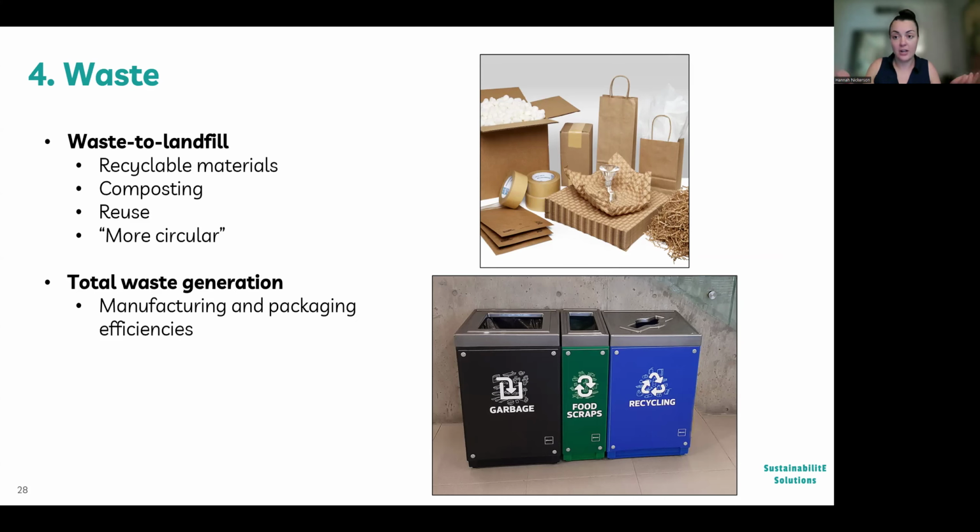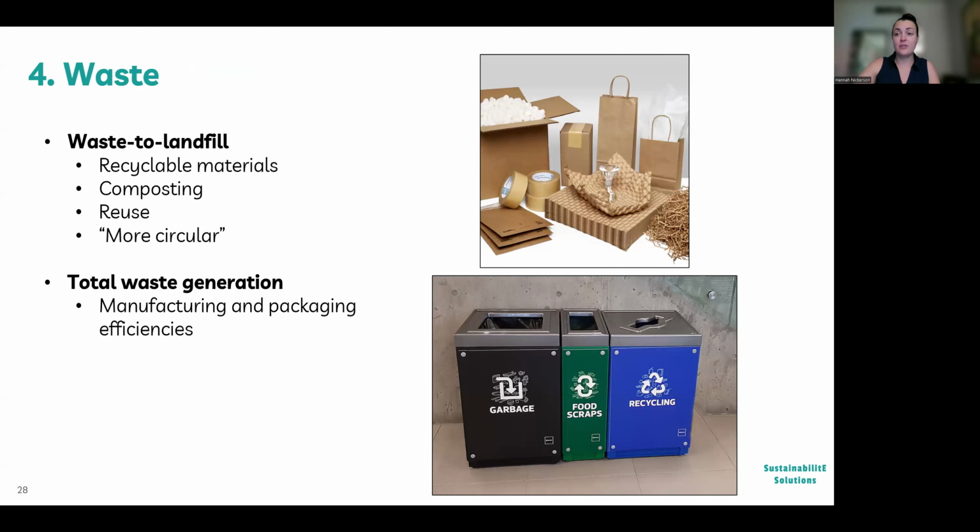This would be considered your business's recycling rate: what percent of your waste is not getting sent to the landfill. This is moving towards a more circular economy where materials are recycled or repurposed or reused. For example, they're cleaned and reused in their original form. That's what we want to see more of.